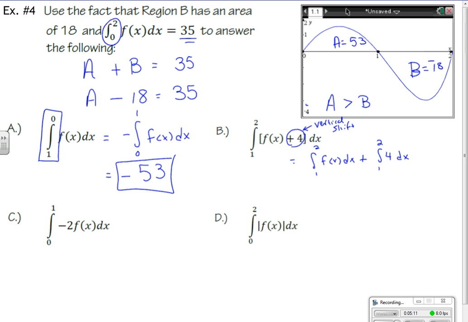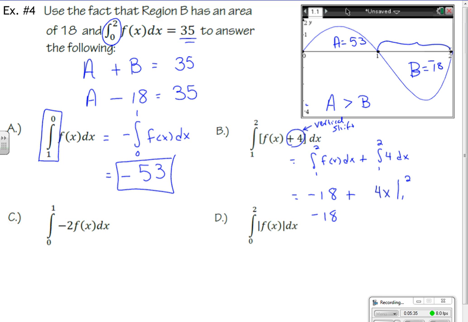From 1 to 2, that would be talking about region B. 1 to 2, region B, I know that to be negative 18. Added with, well, I could do the integral of this if I didn't want to think of it as a rectangular region of height 4 from 1 to 2. I could break this into 4x, because I raise it by a power, so I'm at x to the first divided by 1, evaluated from 1 to 2.